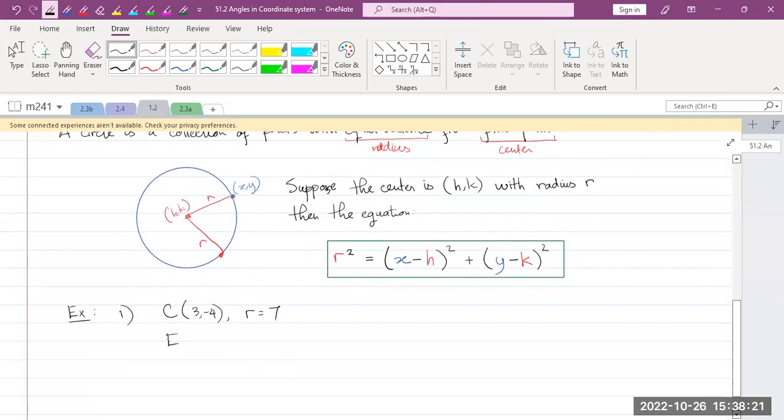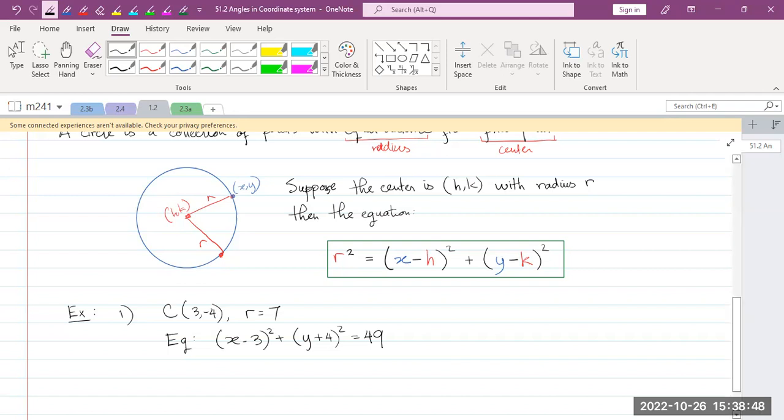Then the equation must be (x - h)² + (y - (-4))². When you subtract a negative number, you add, equals 7². If we know the center and the radius, we get the equation.